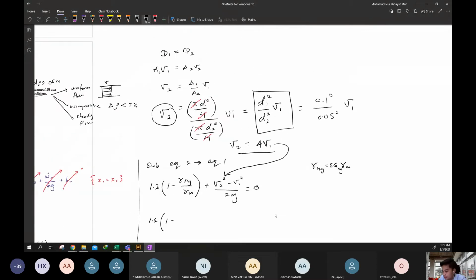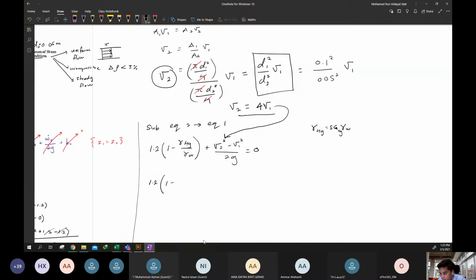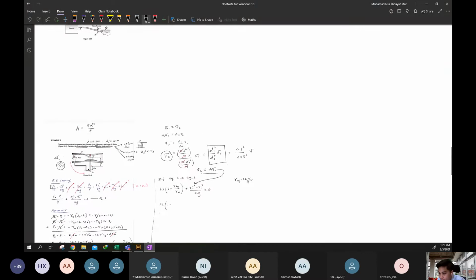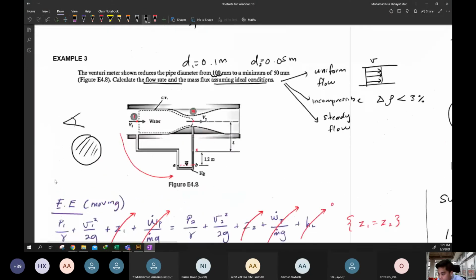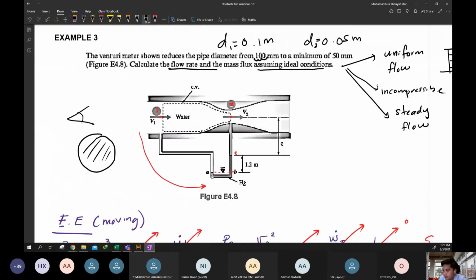This one you can actually look at from the table, Sg of mercury, and the question normally will give you, don't worry. For this case, I believe it is not given, so the Sg of mercury I give for you, 13.6.